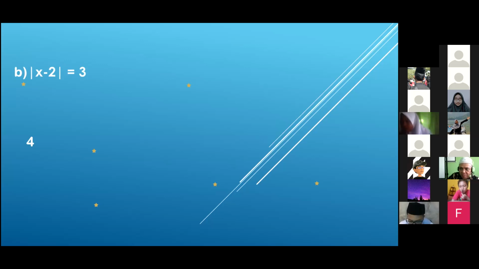Who can interpret this equation by the concept of distance? What is the interpretation of the absolute value of x minus 2 equals 3?